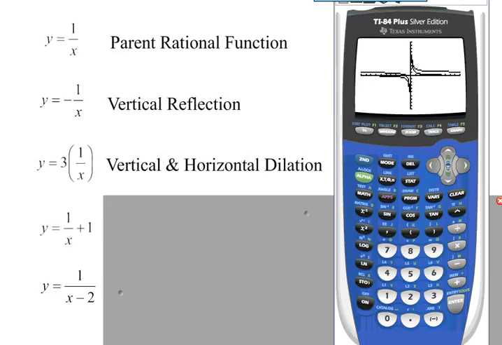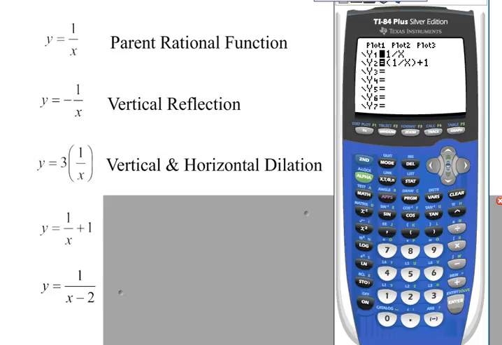To get a better look at this, let's go to our y equals, and let's turn off the y1 equation, that parent function. And now let's check out the graph.